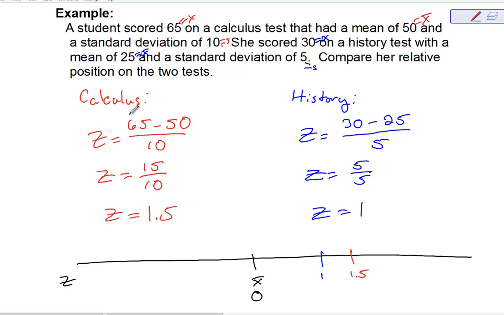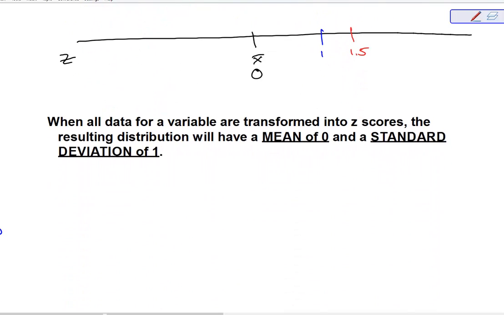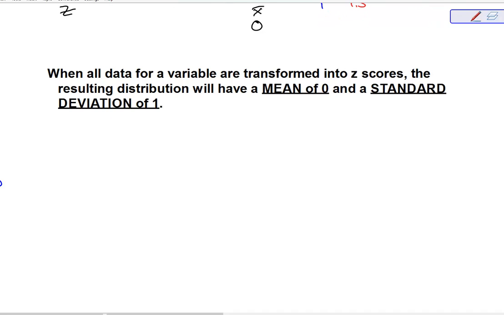You're definitely going to need to know how to calculate the z-scores and things of that nature. Now, as I said, when all the data for a variable is transformed into z-scores, it changes everything, and the z values have a mean of 0 and a standard deviation of 1.